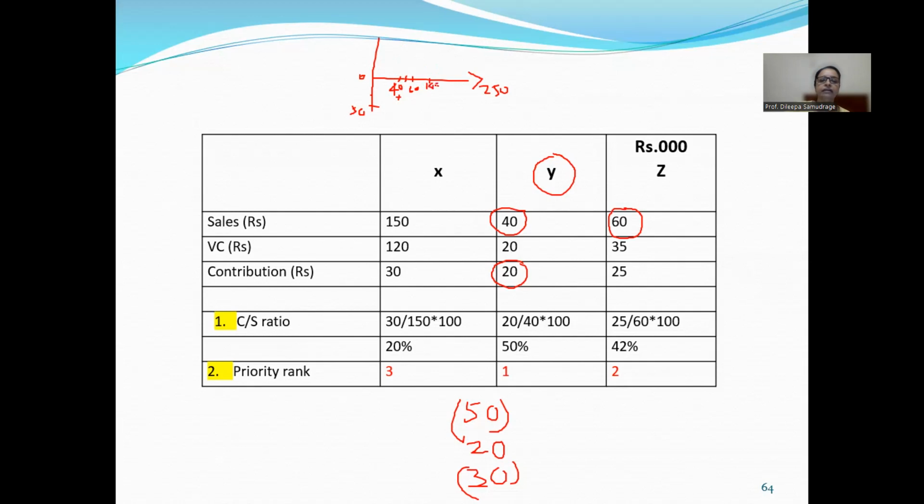So at 100 level, you have to decide the profit or loss. So that is the first point. What is the profit or loss at 100,000 level? Gap should be 60.